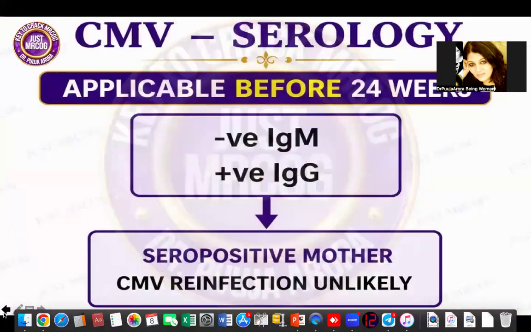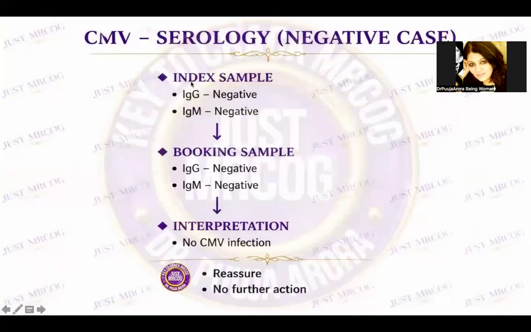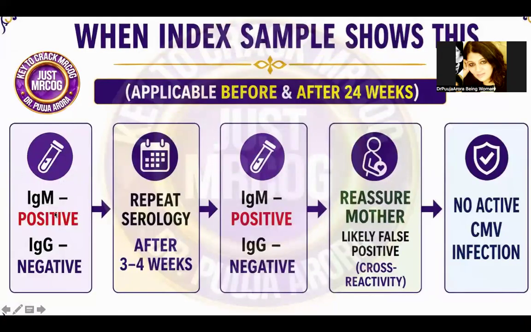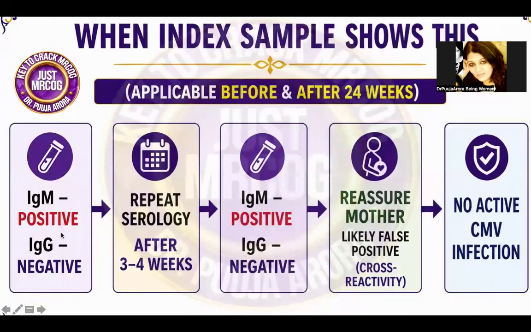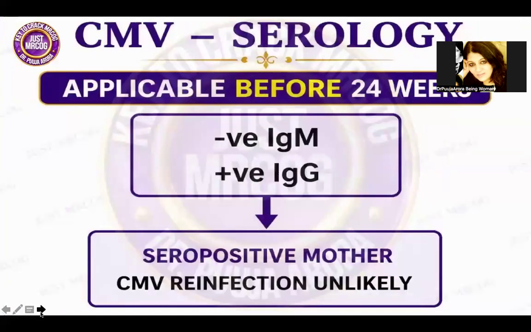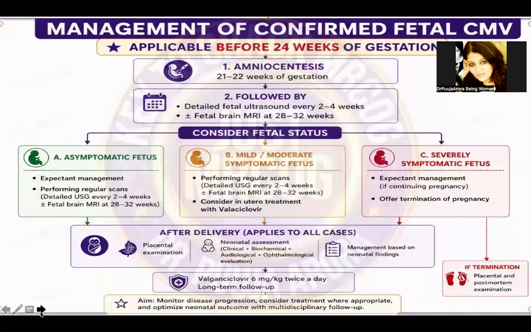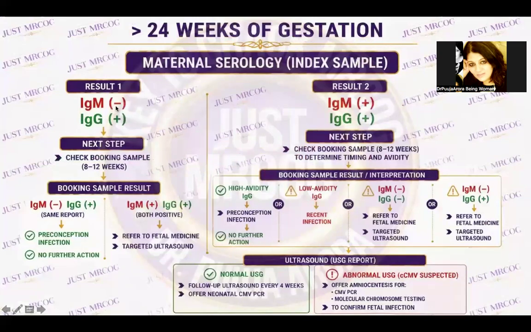This we have already discussed if both negative, right? Or we have also discussed if IgM positive. So there can be only 4 possibilities, right? Both negative. If IgM positive, IgG negative. So for this, I have already explained. So I'm not going to talk about remaining 2 scenarios. What are the 2 remaining scenarios? IgM negative, IgG positive, or both positive.